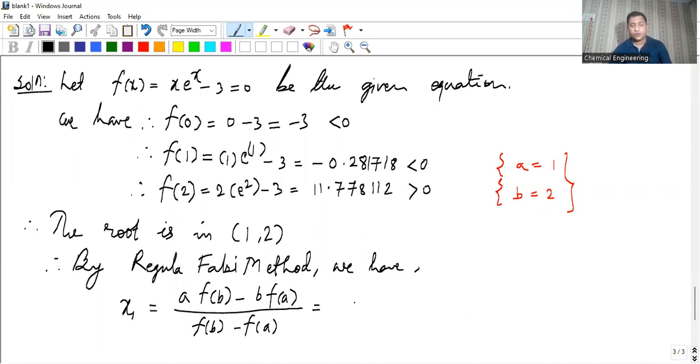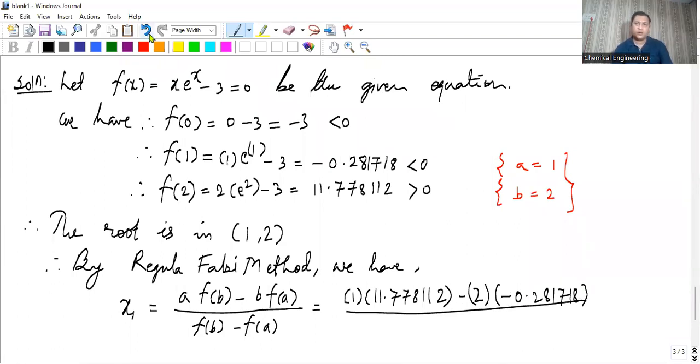Here a is 1, so it is 1 into 11.778112 minus b, where b is 2, and f of a is minus 0.281718. All this divided by 11.778112 minus, minus 0.281718.